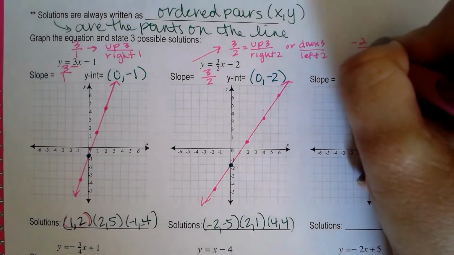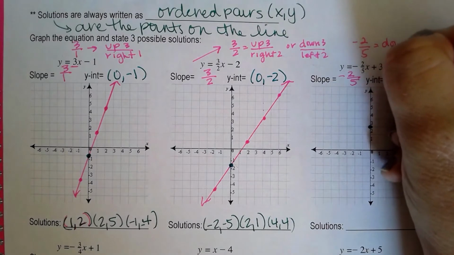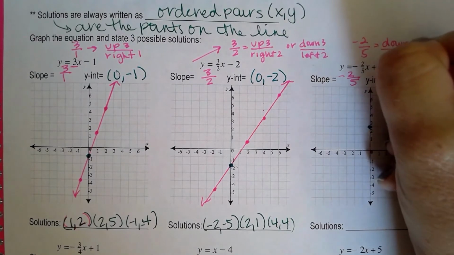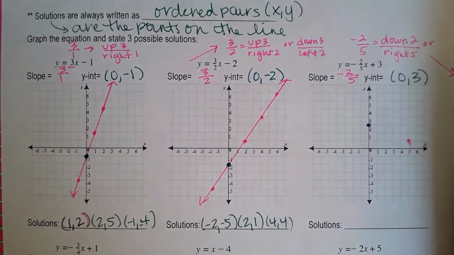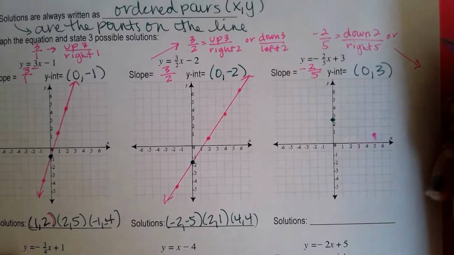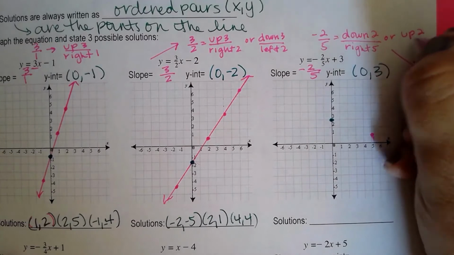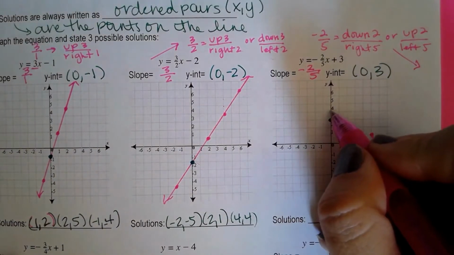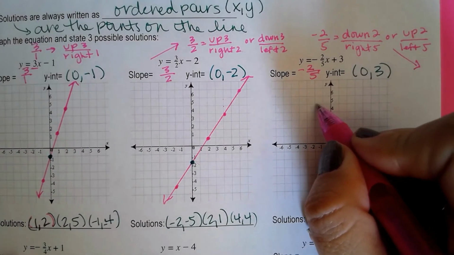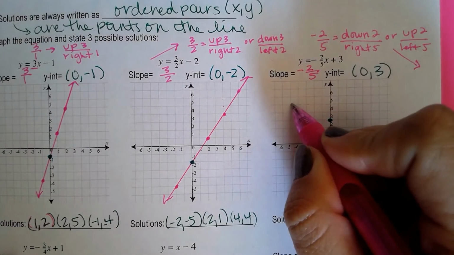So remember, down -2/5 was down 2, right 5, or I could write it as up 2, left 5. So up 2, 1, 2, 3, 4, left 5.